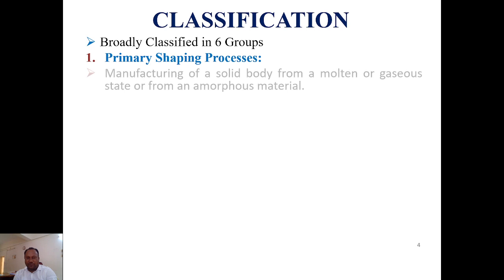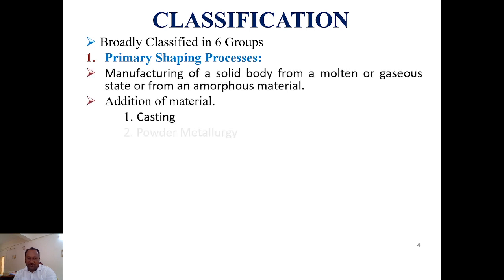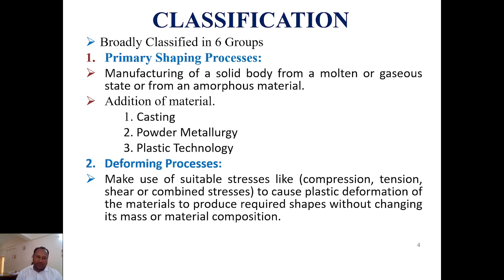What classification do we have before RP? We need some classification of normal manufacturing processes. They are broadly classified into six categories.